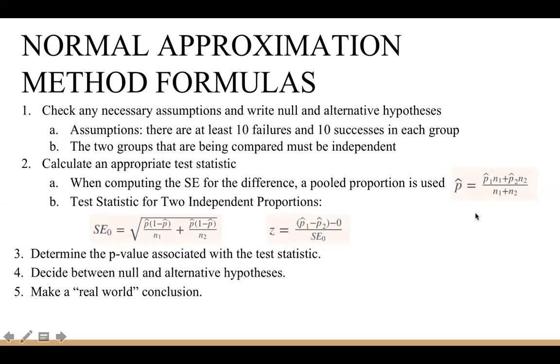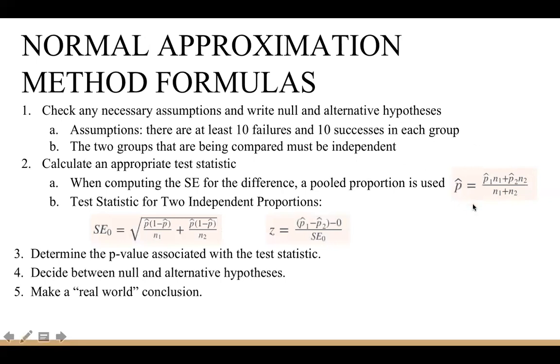So when you're calculating your test statistic, you want to use a pooled proportion, which you can calculate using each p hat and their sample size. And once you get the pooled proportion, you can calculate your standard error and your z. So you're going to use all those to calculate your test statistic.